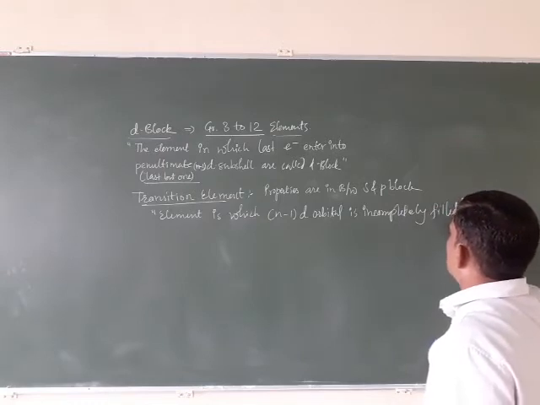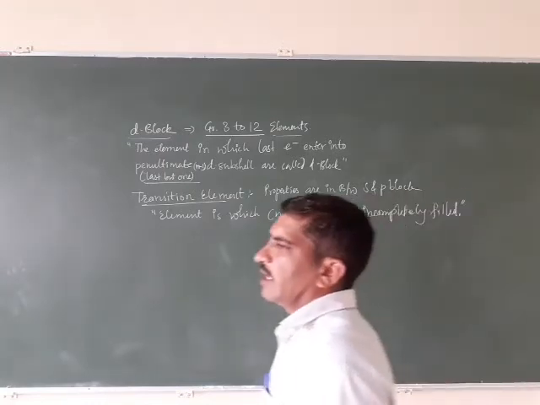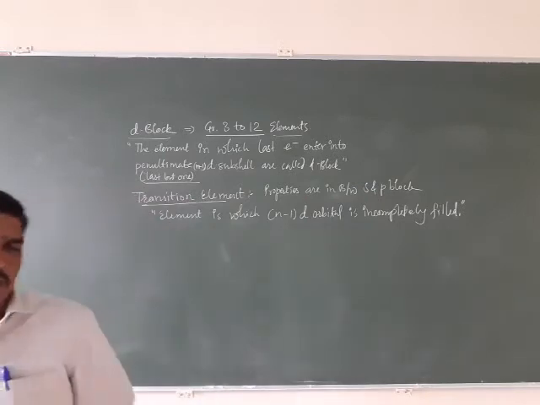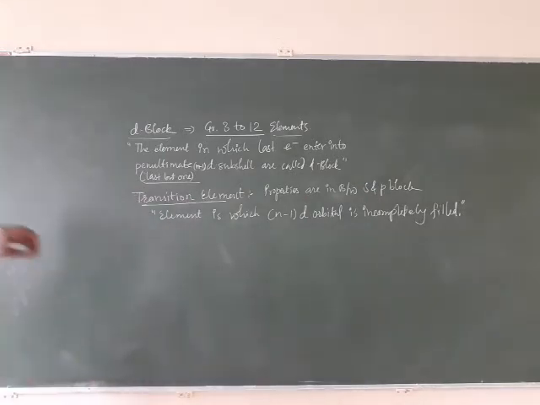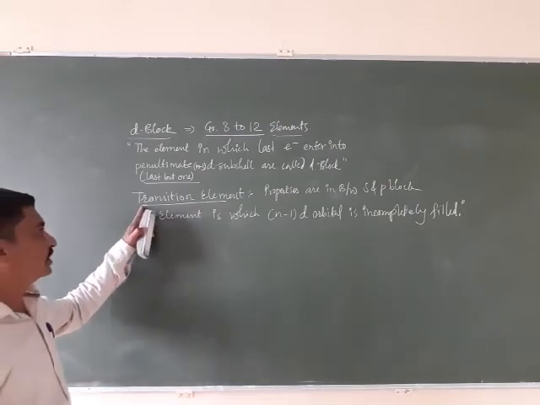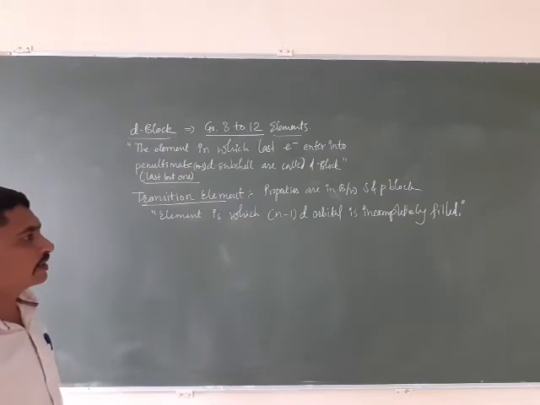So those elements having an incompletely filled (n-1)d orbital, (n-1)d subshell, are called transition elements.